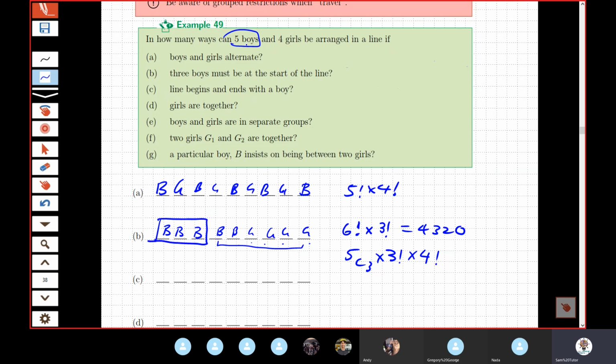So what you usually do is, okay, 5 boys, you choose your 3. I'm okay with that. Then those people are not moving. Then I've got 2 factorial, 4 factorial. If I choose 3 times 2 factorial, but you can't do times 2, I don't like it. I'm trying.